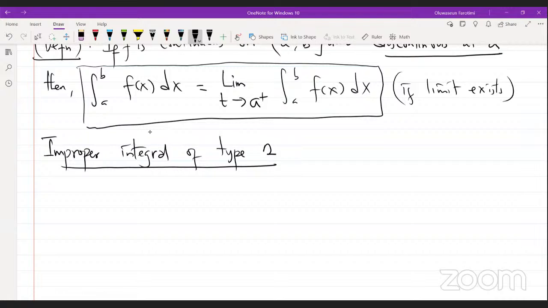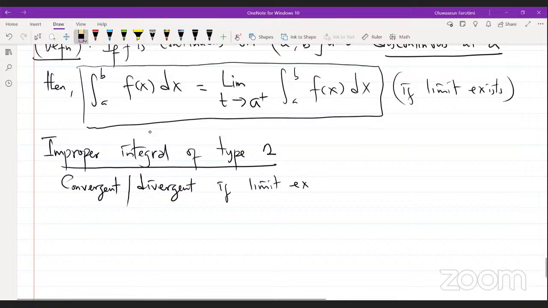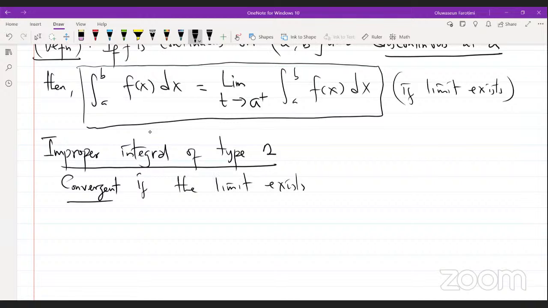So I'm just going to say convergent or divergent if the limits... okay, so let me split it so that you guys don't get confused. Convergent if the limit exists, and then divergent if the limit does not exist. So you guys remember it's just DNE, does not exist.